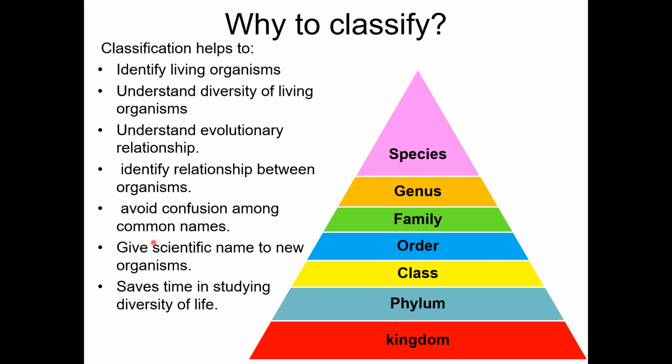Particularly, we give a scientific name to any new organism, and that saves time in studying the diversity of life. That is a very important point. So the last point, to understand the evolutionary relationship, is very important. So point number 3 and the last point are the most important.